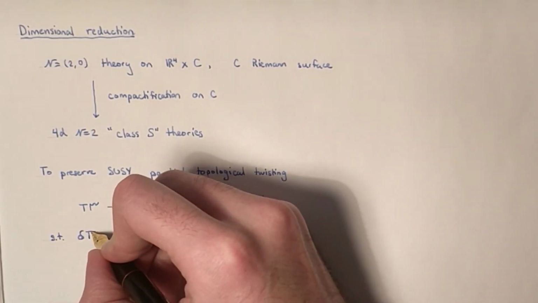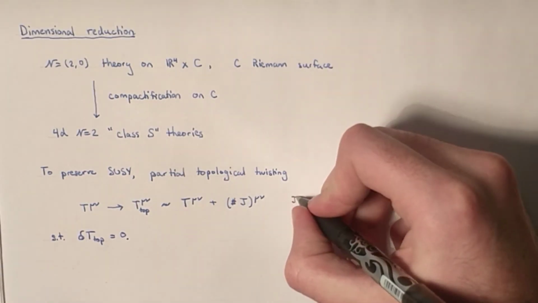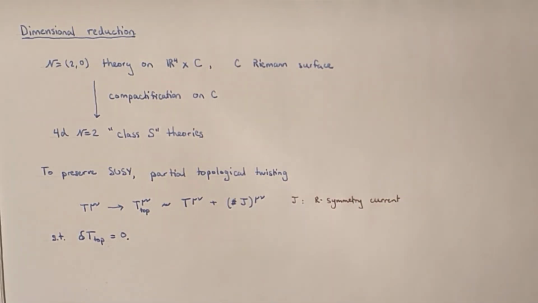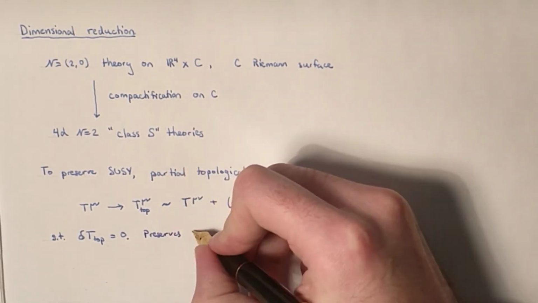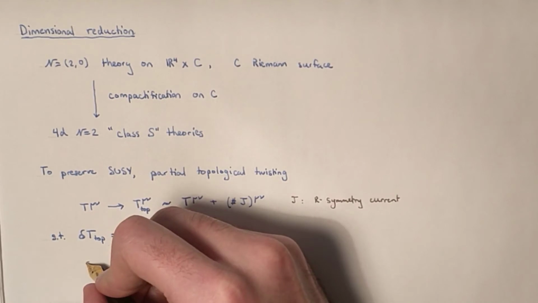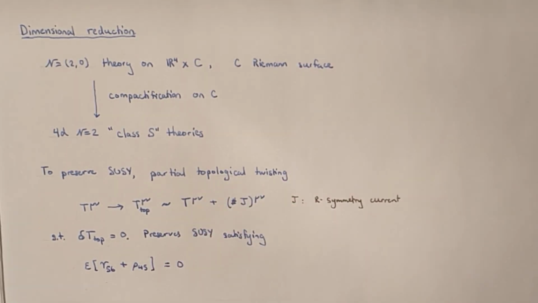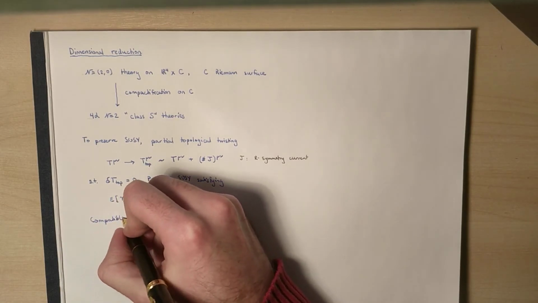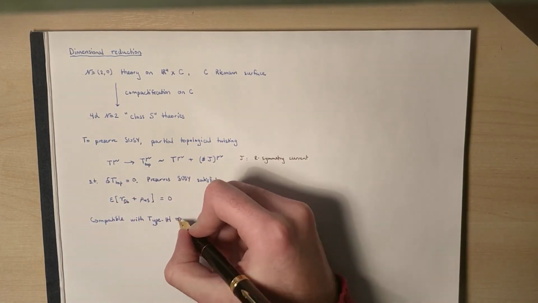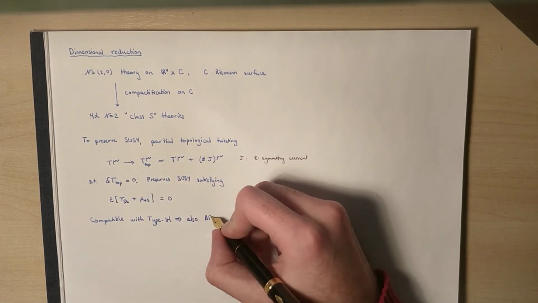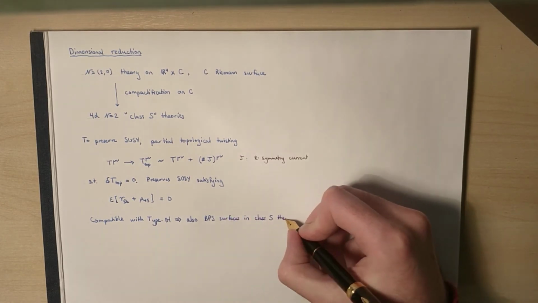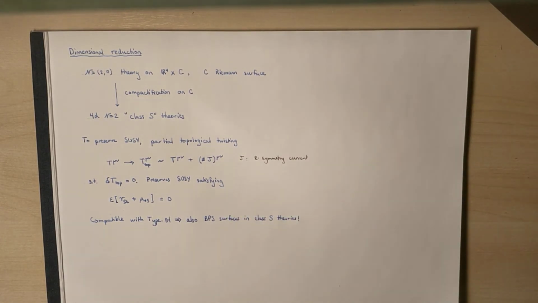This is analogous to having both B and phi when we discuss the surface operator in the Abelian theory. And all that is really important for us is that the supercharges preserved by this compactification are the ones satisfying this constraint. It is easy to check that the supersymmetry preserved by type H automatically satisfy it, so our surfaces are also BPS in class S theories.